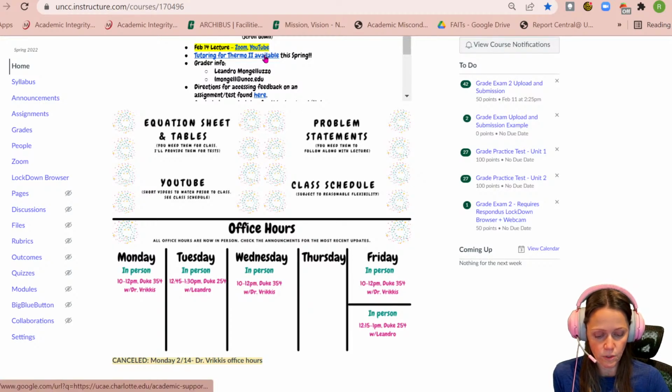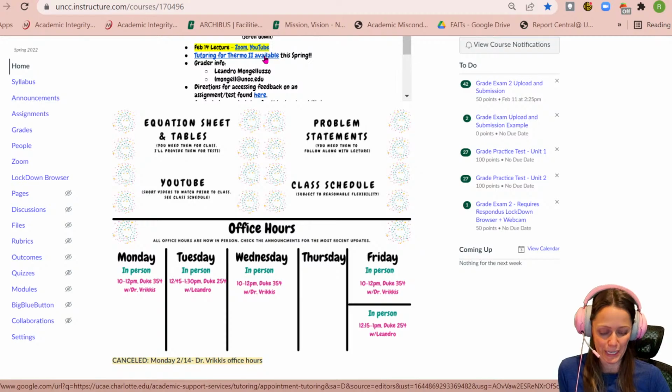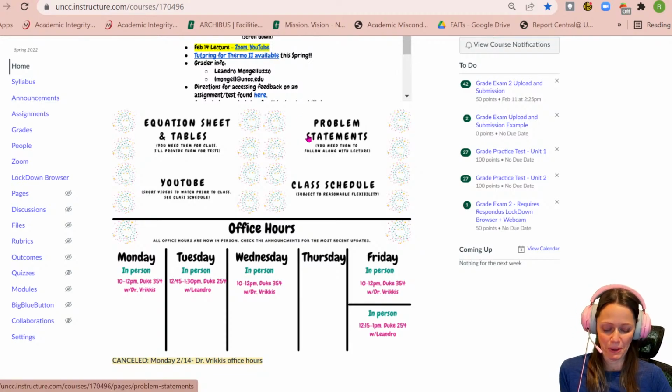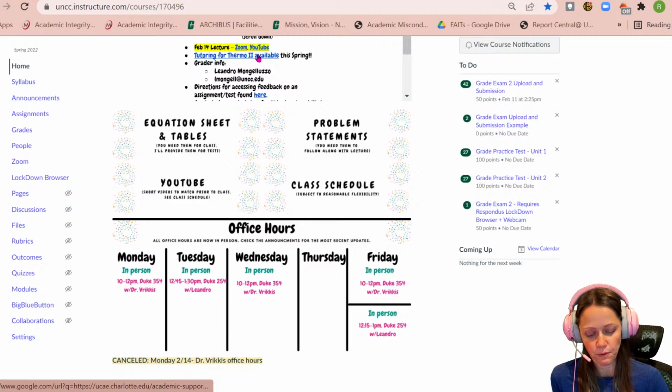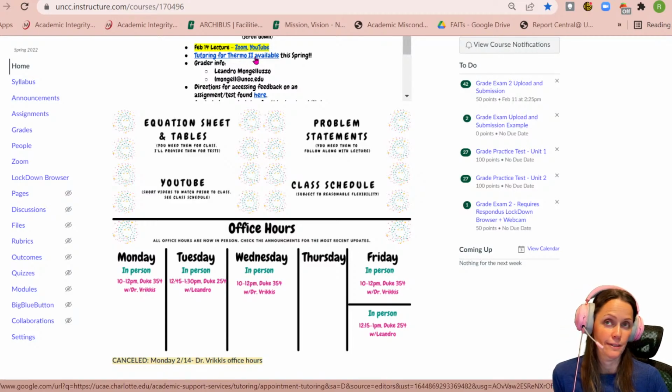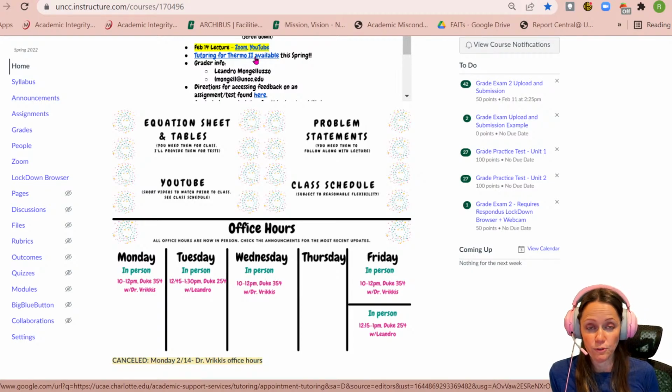If none of those work for you, or if you don't particularly like me or the TA, it's okay. There is tutoring for Thermo 2 available through the tutoring center. This is not something that's controlled by me. They don't have drop-in times, but they do have someone they're paying to be there and tutor. All you have to do is make an appointment. They don't always have it for Thermo 2, so I was surprised to see it. If you need it, take advantage of it. Okay.